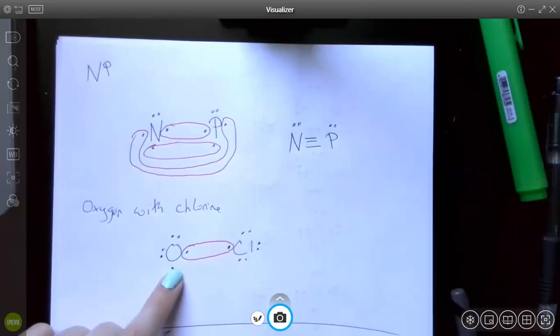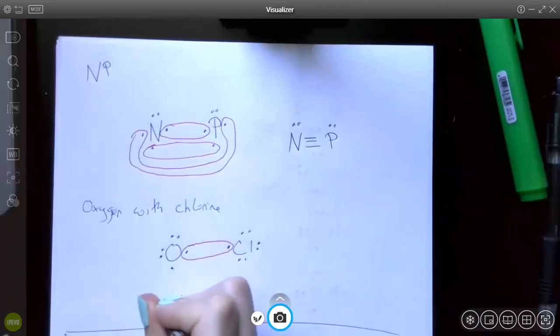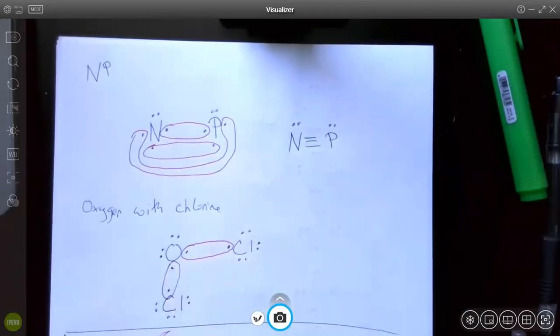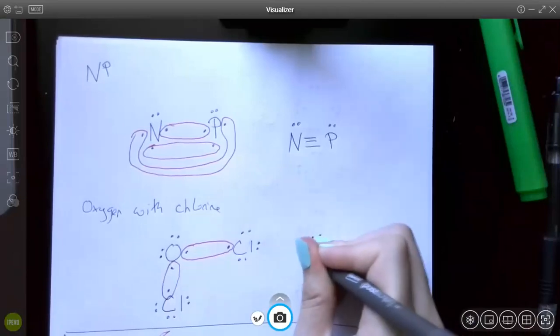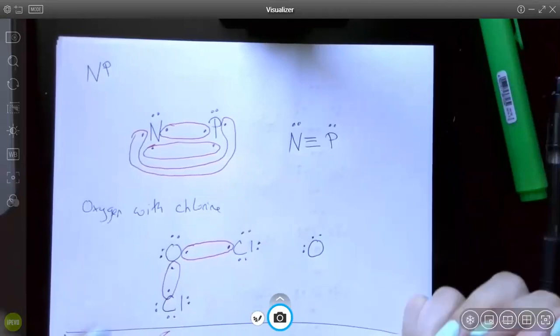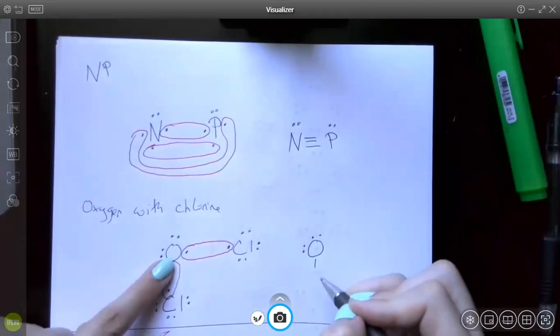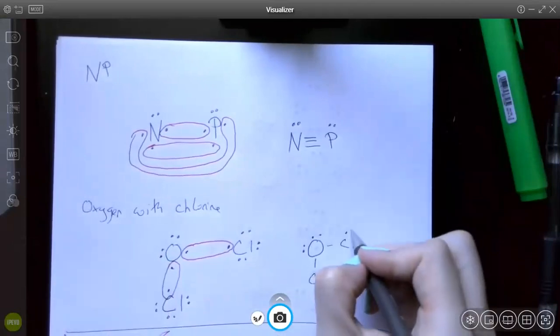So what that tells me is that I'm actually going to need another chlorine in order for all of the lone electrons to end up in a bond. So the way I would end up drawing this is my oxygen with its paired electrons, and then a single bond to each of the 2 chlorines.